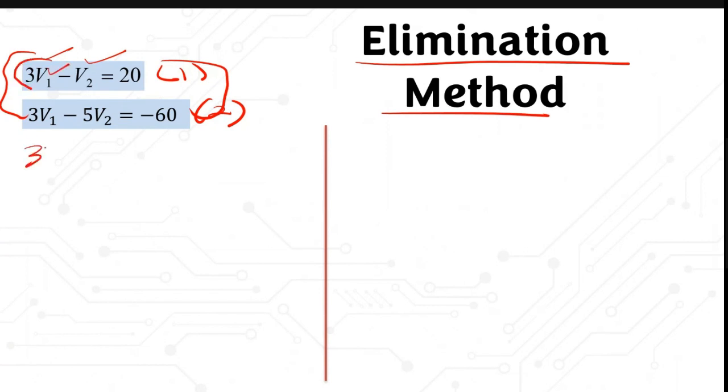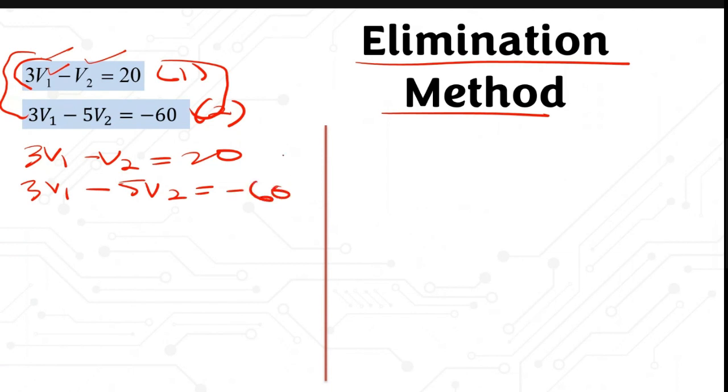So let me write this equation again: 3V1 minus V2. What I have to do is subtract, so I subtract 3V1 minus 3V1, and I eliminate this V1.